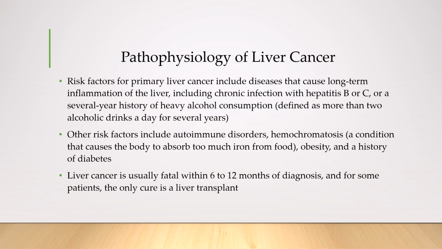Other risk factors include autoimmune disorders, hemochromatosis, and this is a condition that will cause the body to absorb too much iron from food, obesity, and a history of diabetes. Liver cancer is usually fatal within 6 to 12 months of diagnosis, and for some patients, the only cure is a liver transplant.